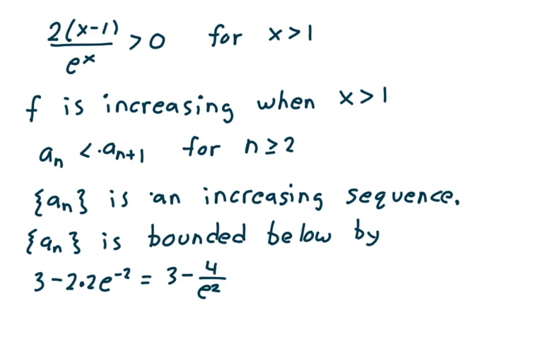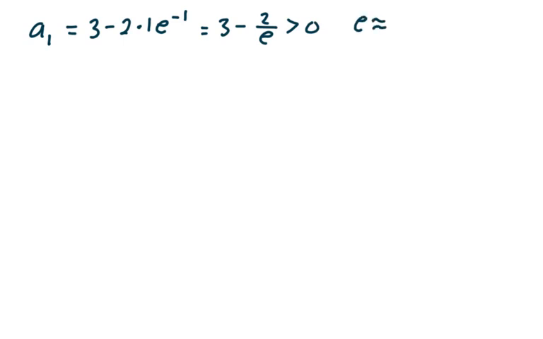And we could probably make this a little easier. I'll give you a different idea. Now, here, I want to show you something. If we plug in a1, we get 3 minus 2 times 1 e to the negative 1, right? Which is 3 minus 2 over e. And that's positive. Because remember, e is approximately, it's pretty close to 3.